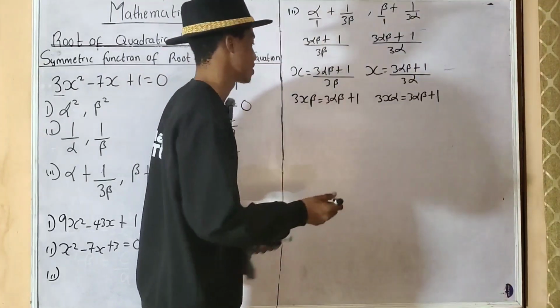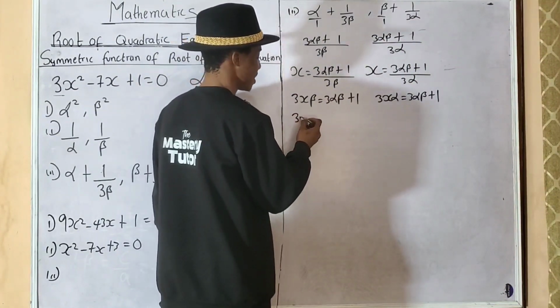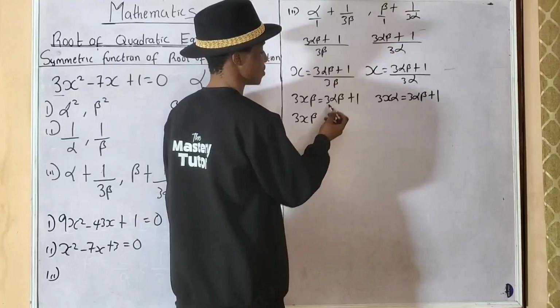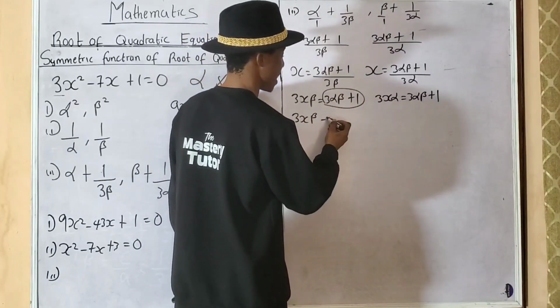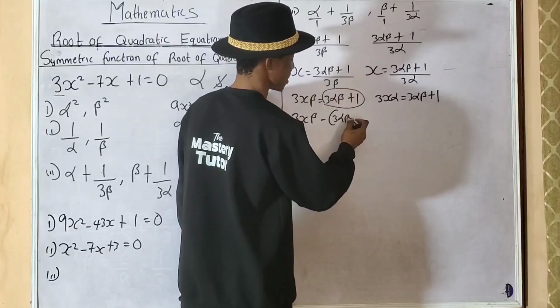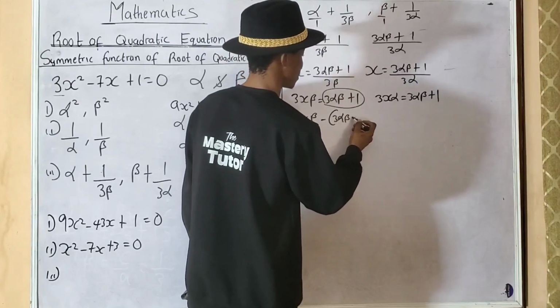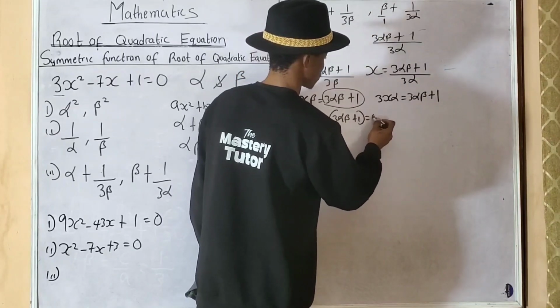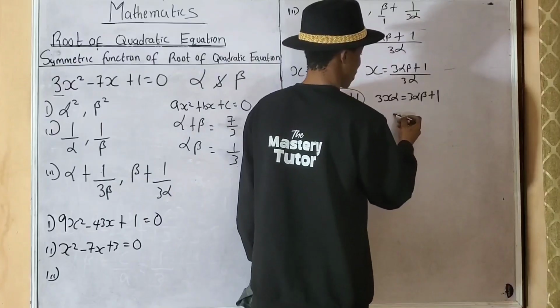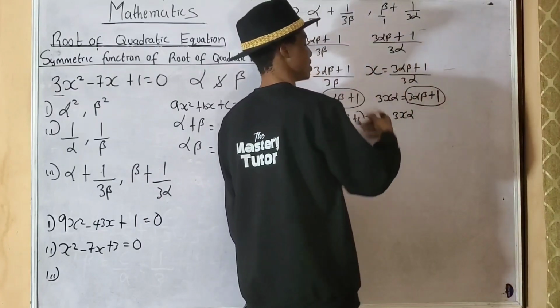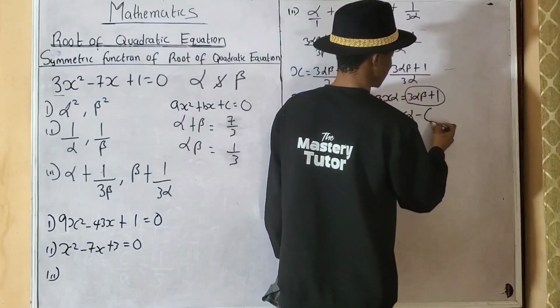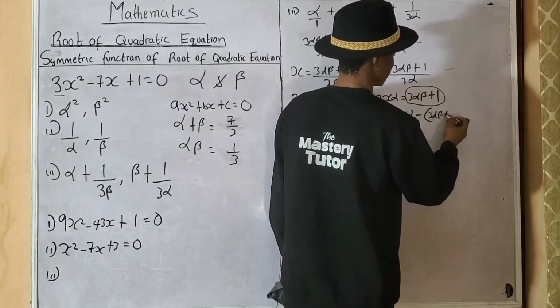Now, here I'm going to have 3x beta. Now, take all this to the left hand side. It's going to become minus 3 alpha beta plus 1. This will be equal to 0. Also, here I'm going to have 3x alpha. Take all this also to the left hand side. It's going to become negative 3 alpha beta plus 1.